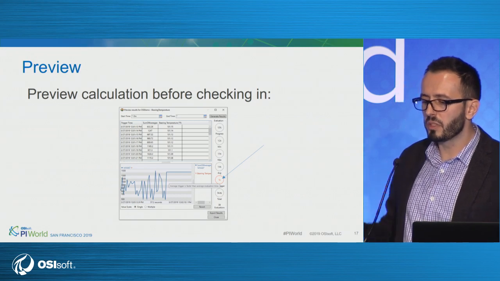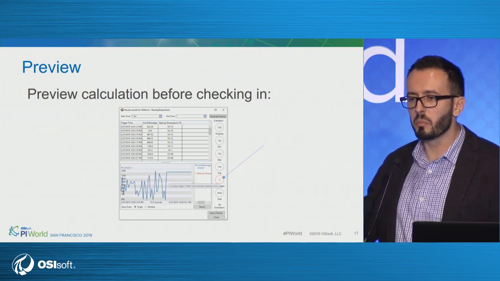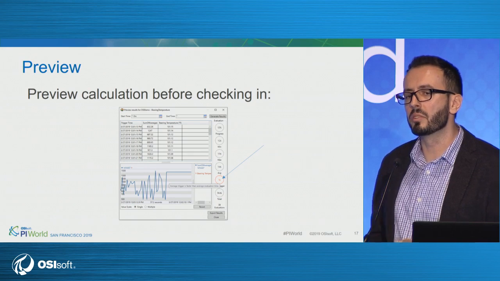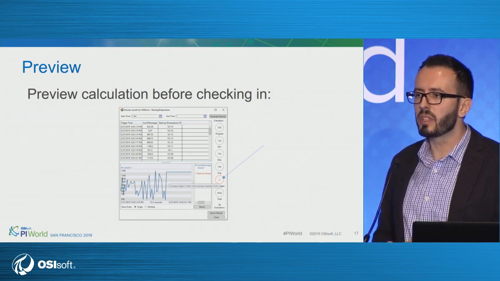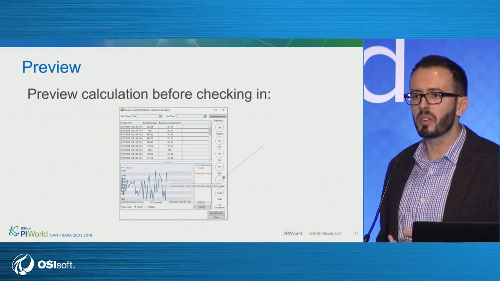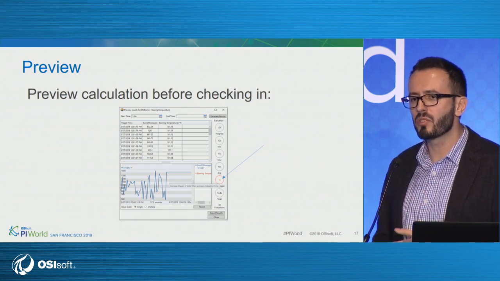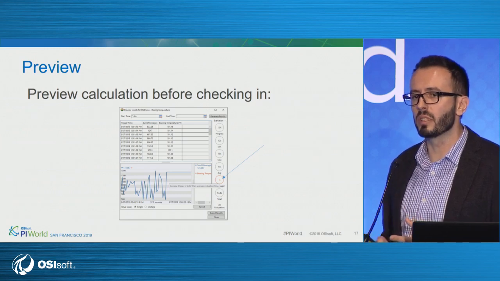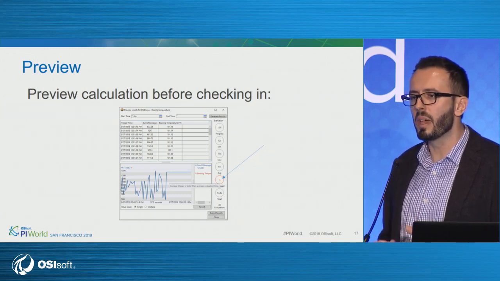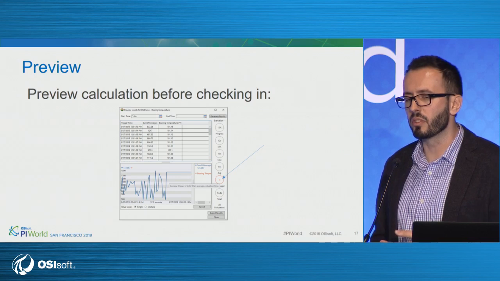Another thing to mention here is that on the right-hand side, there are some very useful metrics about your calculation. These metrics give you an indication of how many evaluations happened in that time range, and how long it is taking for your calculation to evaluate: min, max, average, elapsed time, and so on.